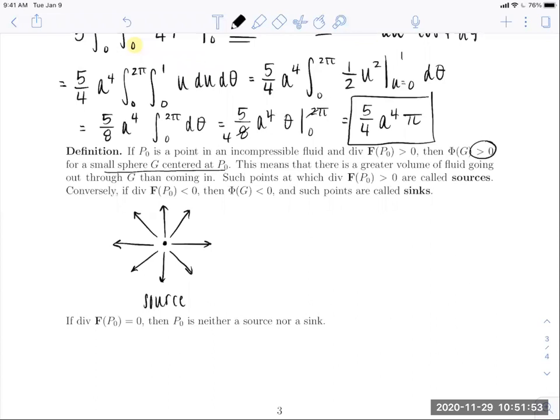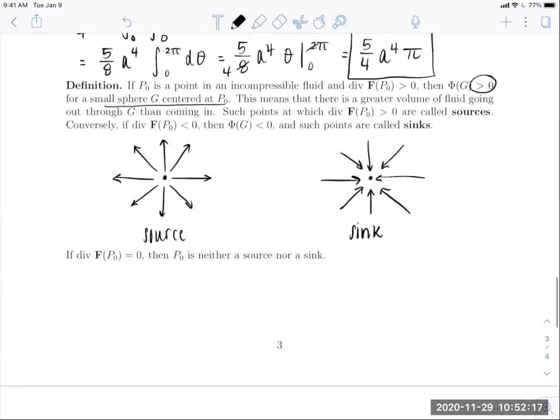And then a sink is going to be the exact opposite. This is where vectors are going to head towards or converge inward. All right, so source, you emanate out, sink, you come in.